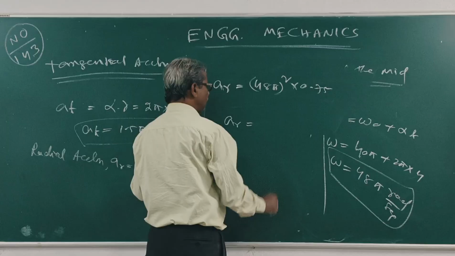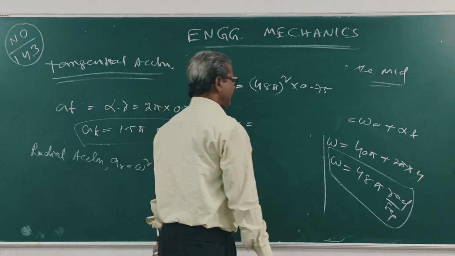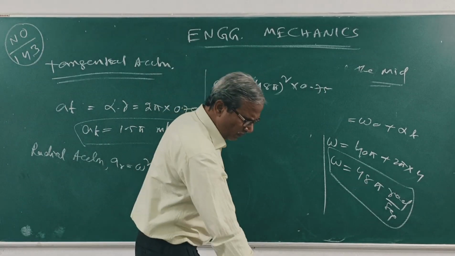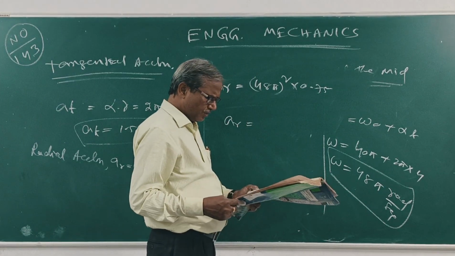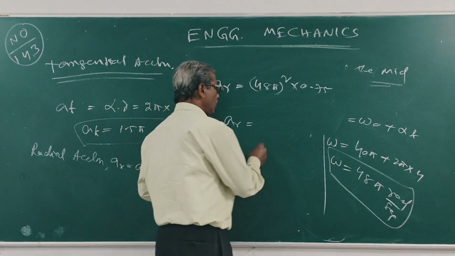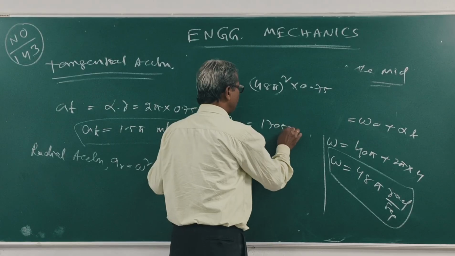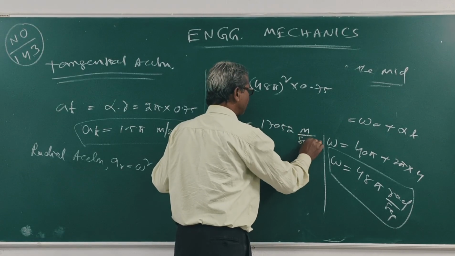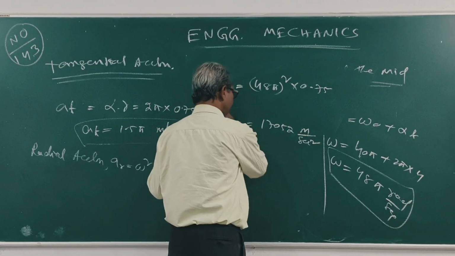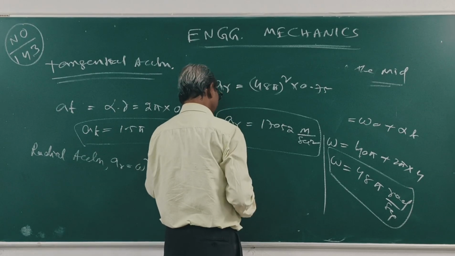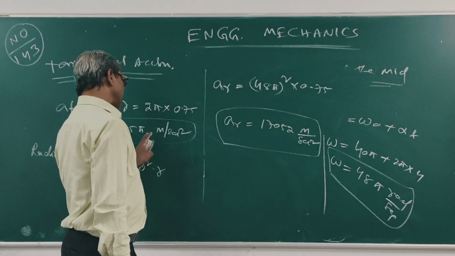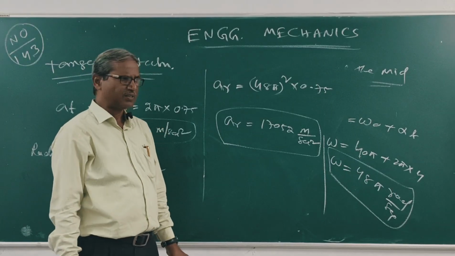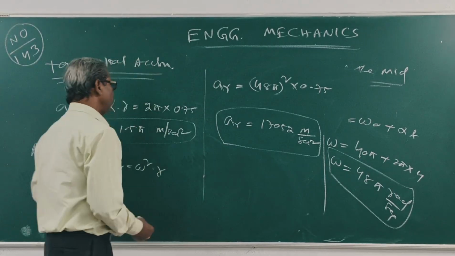The answer may be about 17052 meter per second square. This is the tangential acceleration and this is the normal acceleration. Next, question 144.